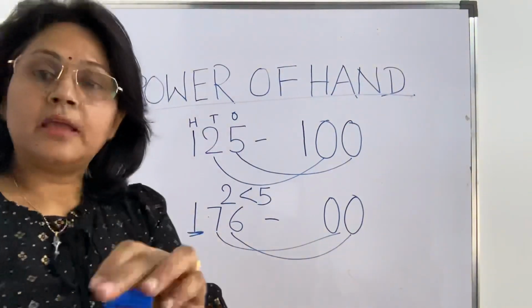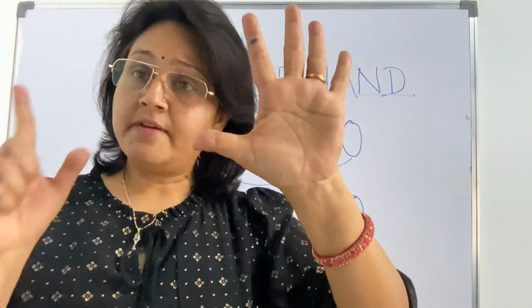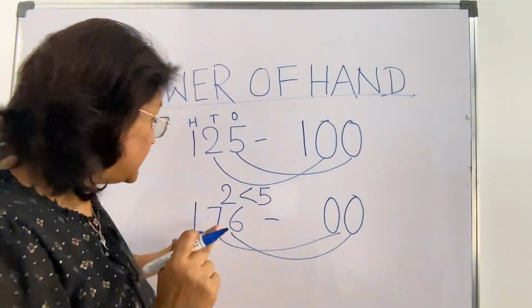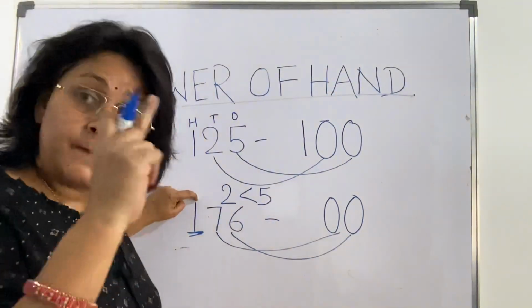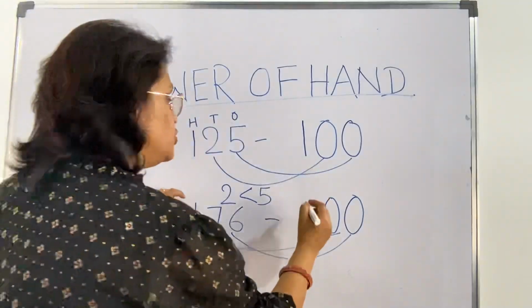This 7 is more than 5, because for 5 I open one hand and have to add another 2 to make it 7. So this number will also become more: the 1 will become 2.